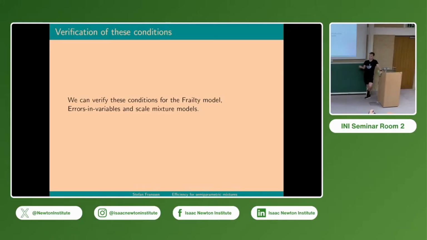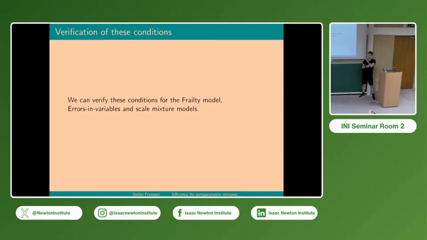There's also profile likelihood, but in a sense, profile likelihood is just like the maximum likelihood estimator, because what you do is, instead of finding the theta and the f at once, you first create a profile likelihood, which is for every theta, find the f that maximizes that likelihood, and then you maximize the profile likelihood.